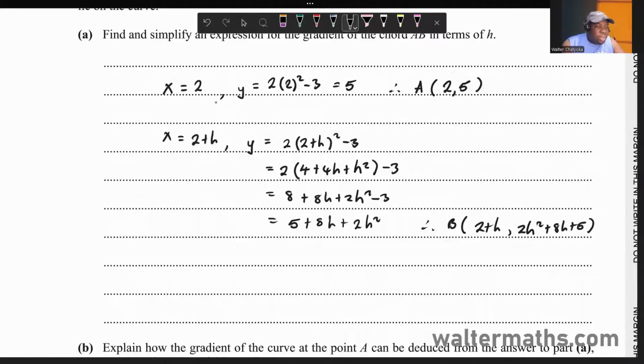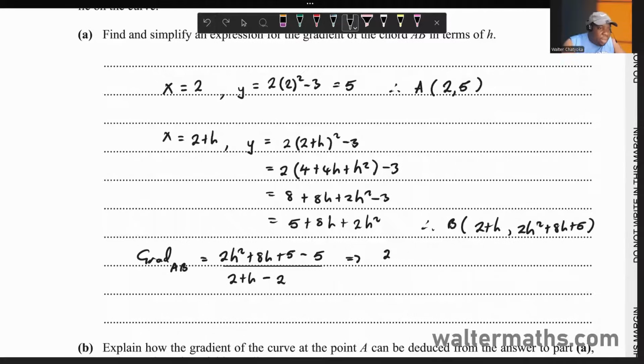So for the gradient of AB, we'll say that it's the change in y, which is 2h squared plus 8h plus 5 minus 5, over the difference in x coordinates, 2 plus h minus 2. So essentially, we'll be having 2h squared plus 8h, which I want to factor out.